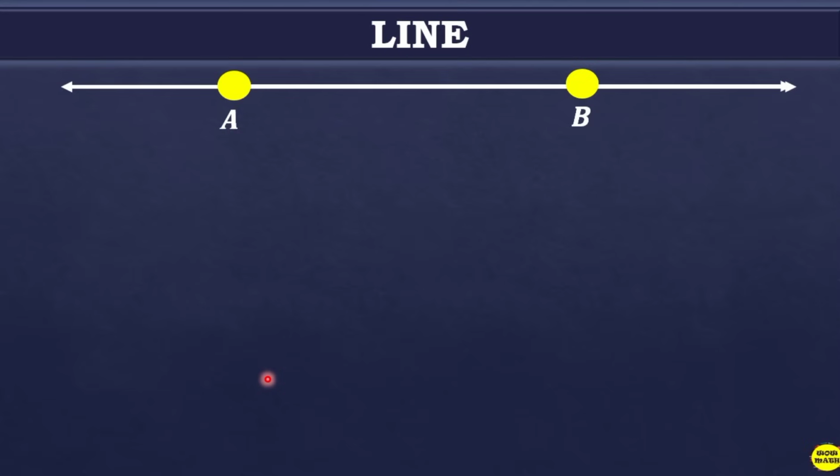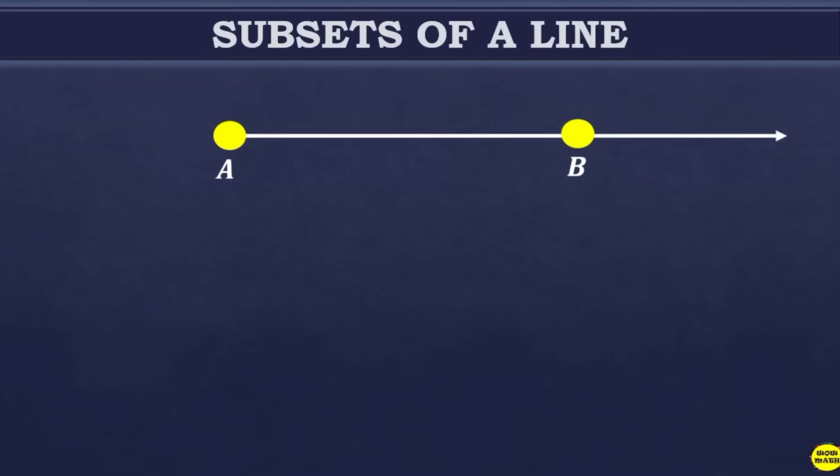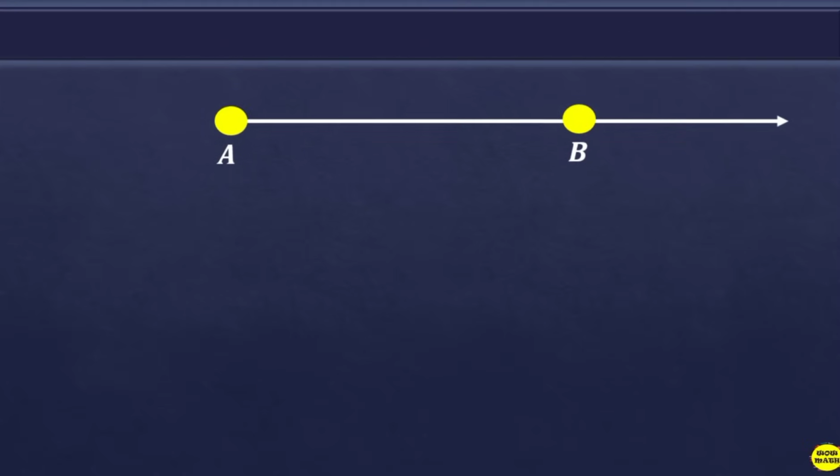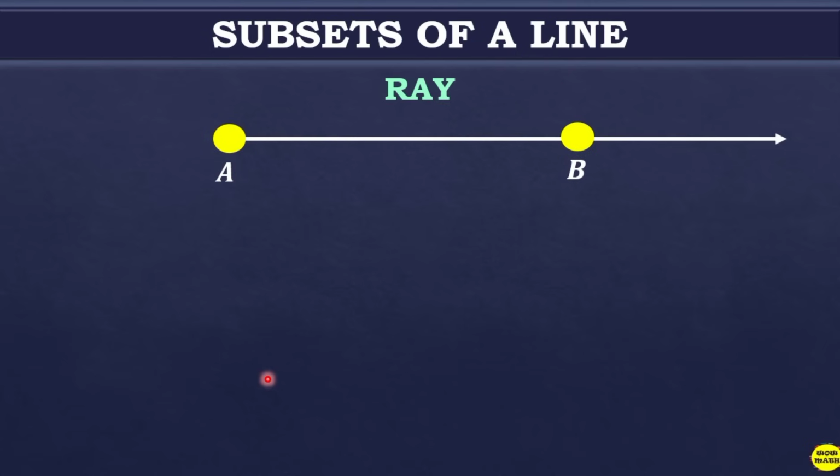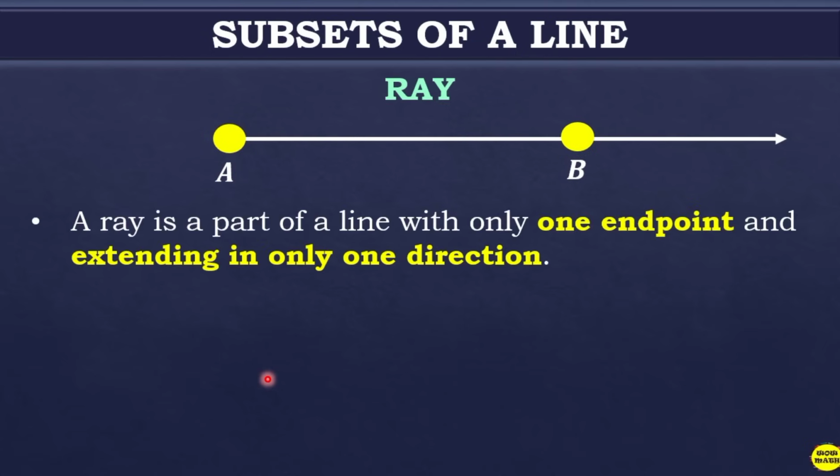Okay, so another subset of a line aside from line segment is a ray. So what is a ray? As you can see, it is also a part of a line with only one endpoint. Ang difference niya sa line segment, ang line segment may dalawang endpoints.